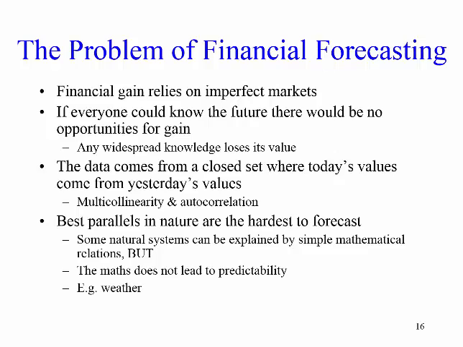Because we find in here there's an extra set of issues that we need to come to grips with. First of all, we need to be aware that financial gain relies on imperfect markets. This is important because imperfect markets are the very thing that our economic system is supposed to eliminate.